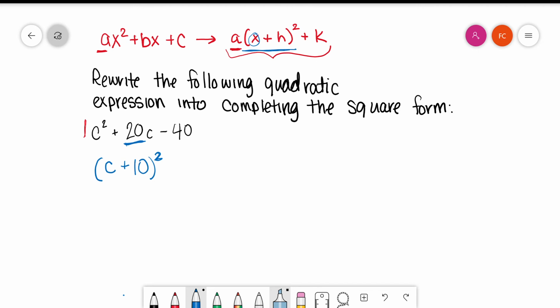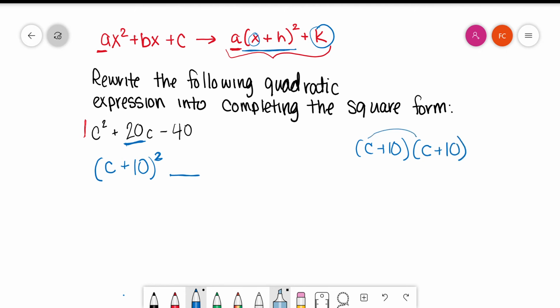Now we have to do that tricky part where we have to figure out what we plug in for this k value. And again, the easiest way to figure out what to plug in for the k value is to actually take that c plus 10 squared and expand it using distributive properties. So I'm going to go off to the side and do c plus 10 times c plus 10.